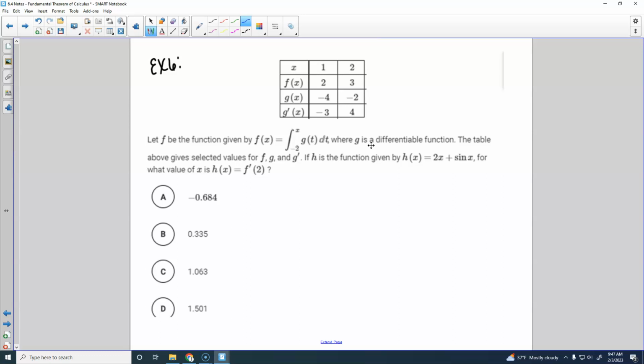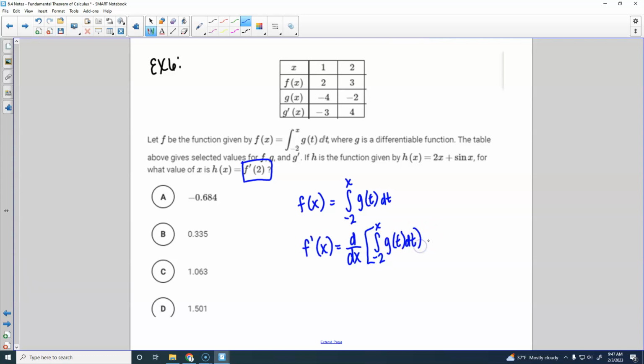Okay, so this has got a lot of parts to it. It's calculator active. So the first thing we need to worry about is this f prime of 2. Okay? So f of x equals the integral from -2 to x of g of t dt. So if I want to take f prime of x, that means I'm taking the derivative of the integral from -2 to x of g of t dt.